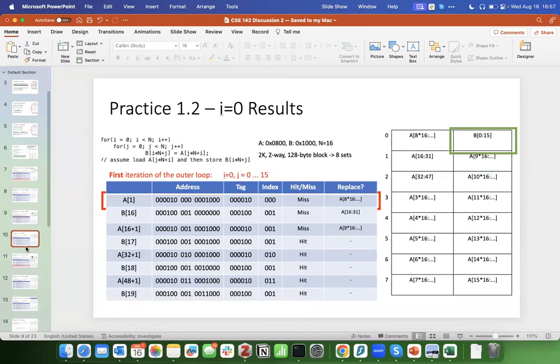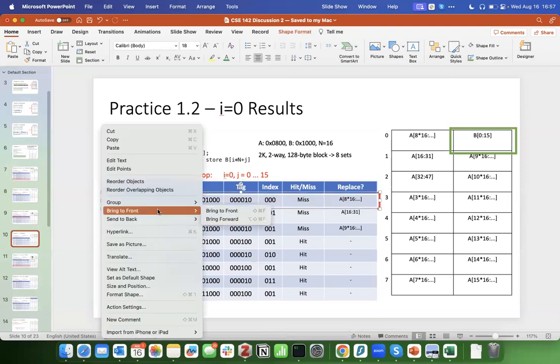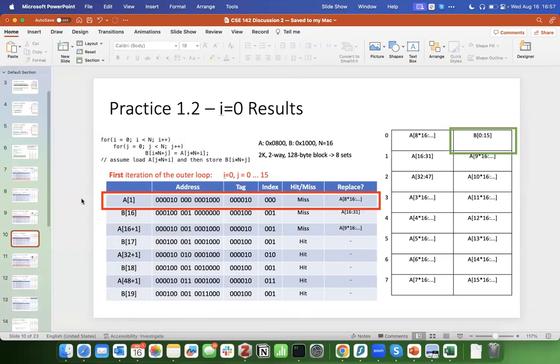This is the first access when I change this to 1. I equals 1, j equals 0, I'm accessing A1. We know it's a miss, it's not over here, and it is a capacity miss.